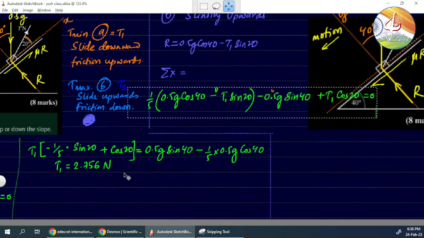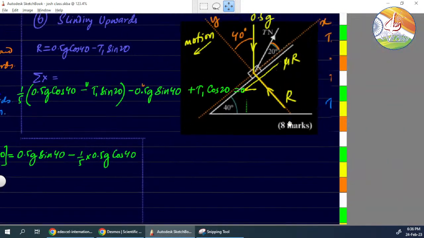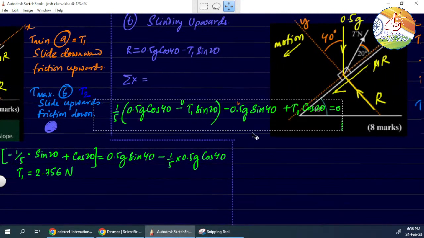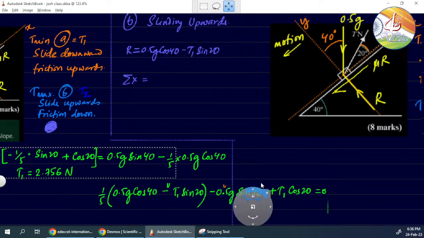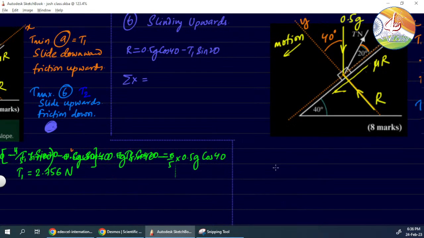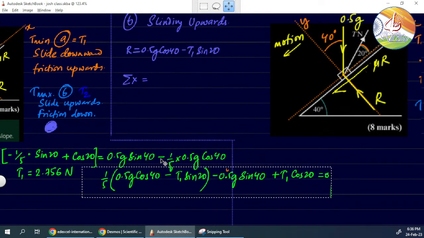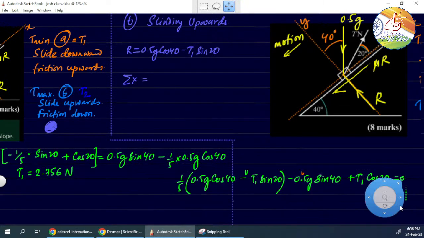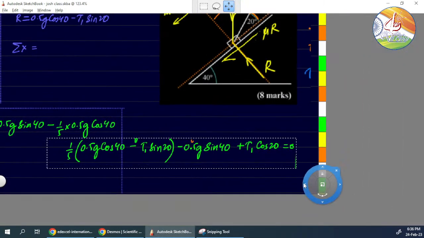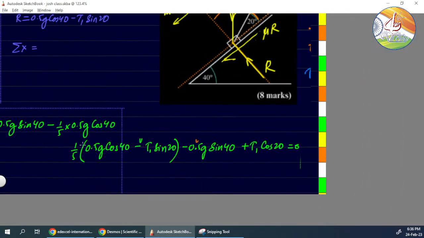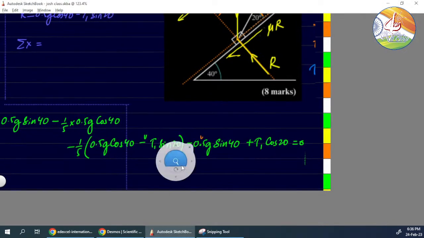There is not enough space here, so let me keep it here. The difference is that we will get a negative, right?